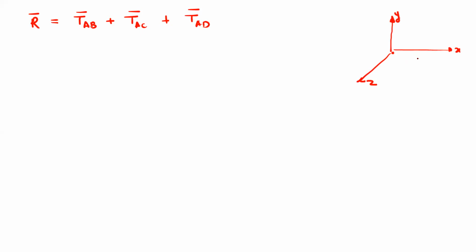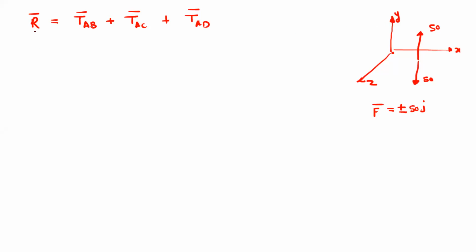If any force is parallel to the y-axis, on the positive or negative side, then its vector representation will be F bar equal to, let us take this mod as 50 Newton, plus or minus 50J. Just multiply the force magnitude by the unit vector in the direction of the y-axis.